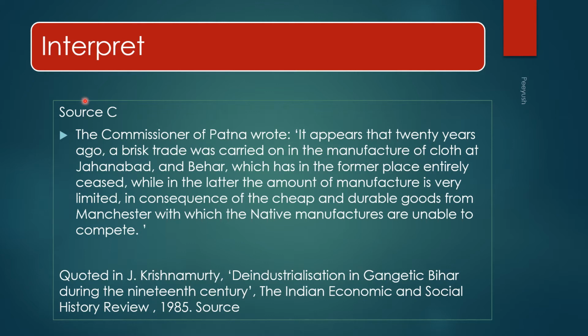The Commissioner of Patna wrote, it appears that 20 years ago a brisk trade was carried on in the manufacture of cloth at Jahanabad and Bihar, which has in the former place entirely ceased, while in the latter the amount of manufacture is very limited in consequence of the cheap and durable goods from Manchester with which the native manufacturers are unable to compete.